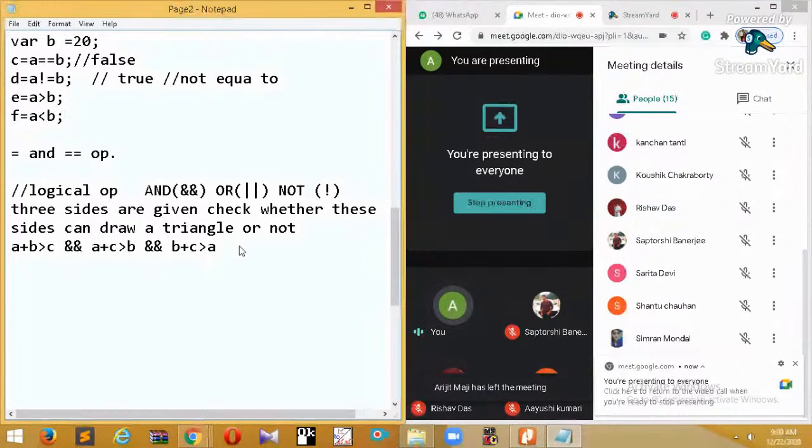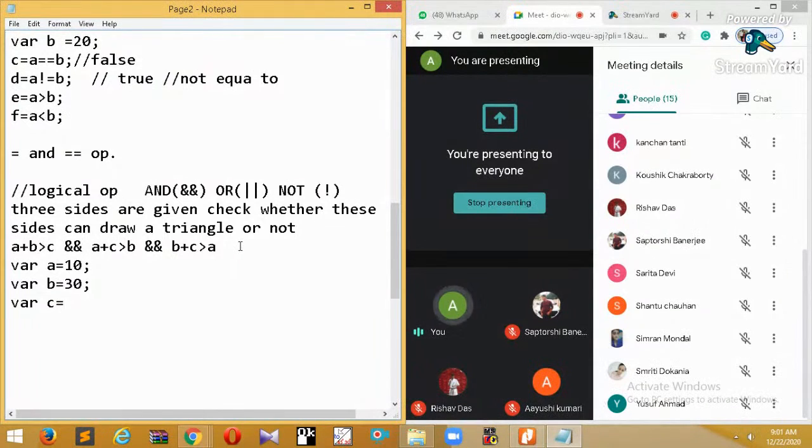Suppose I'm taking a few examples where a equals 10, where b equals 30. Just unmute, only Rishabh will speak, and the rest can answer on the chat.